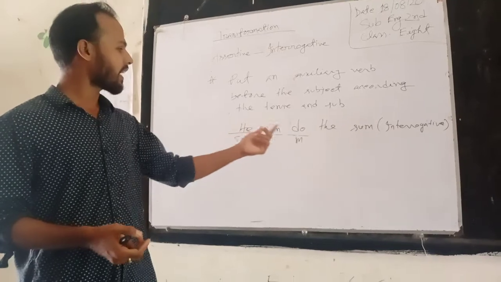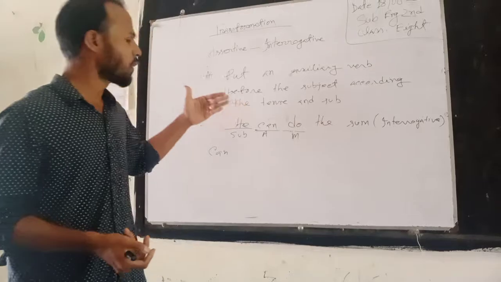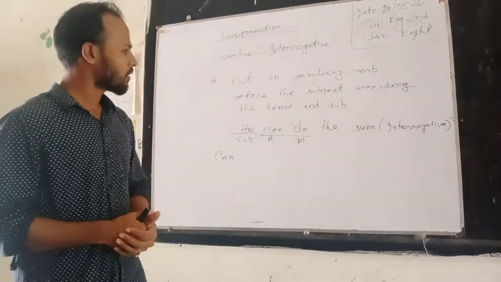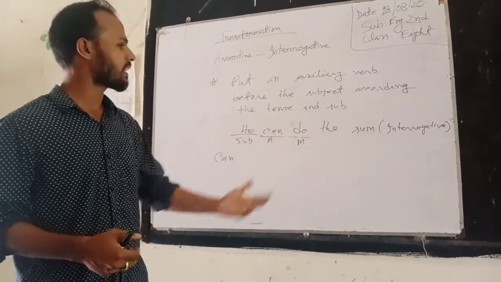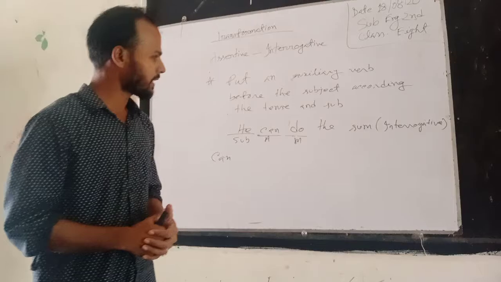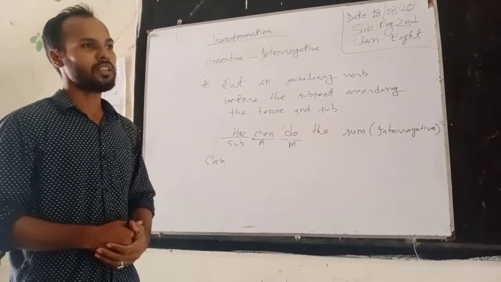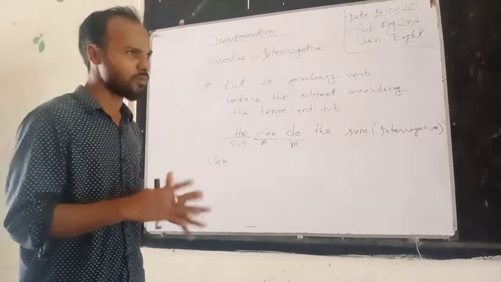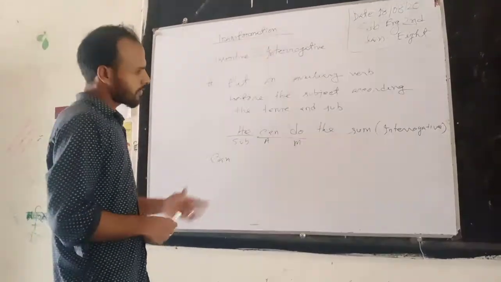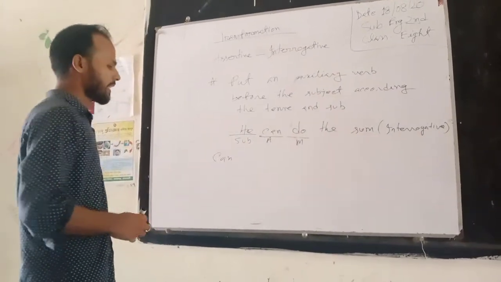Now you have to think if the given sentence is affirmative or not. I see the given sentence is not a negative sentence because there are no negative words like not, no, or never. Here the given sentence is affirmative, so you have to make it negative.